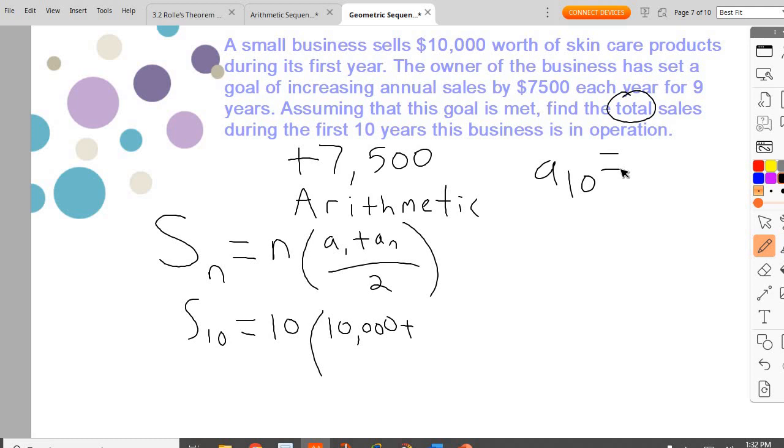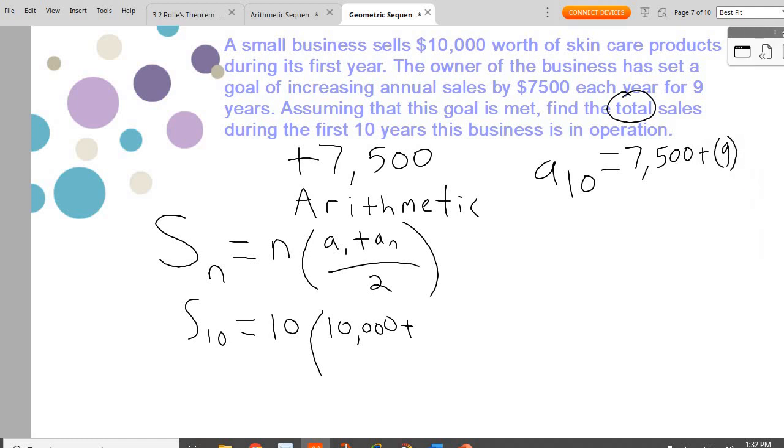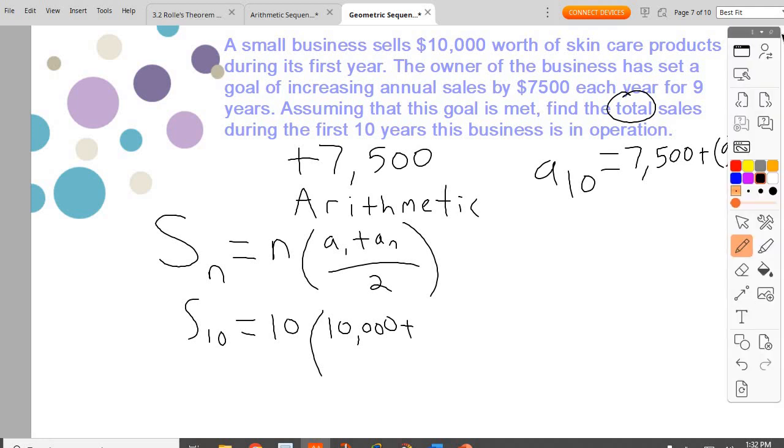You just add 7,500 9 times. Or we take our formula, which is a sub 1 plus 9 times d, because it's n minus 1. Sorry, that should be 10,000. And 7,500 is our d, because that's what we're adding each time. So 10,000 plus that.